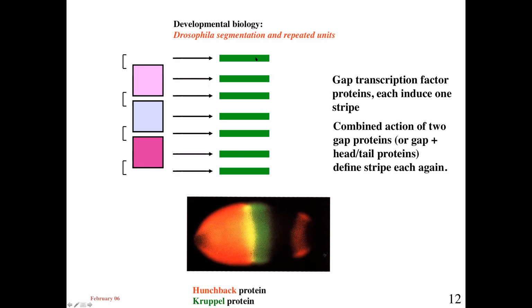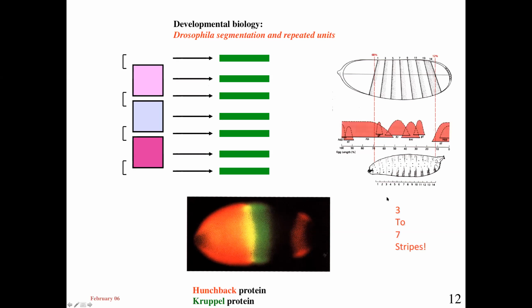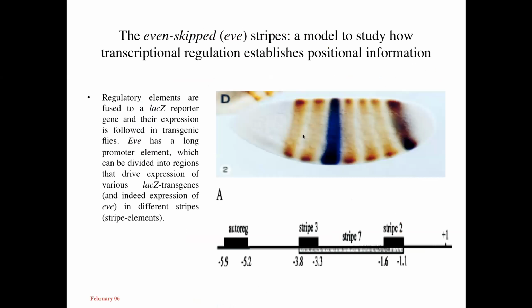And these stripes are what you see when you see the even skipped stripes. So even skipped is one of the pair rule genes, which is going to be read through the different combination of the gap genes that are there.